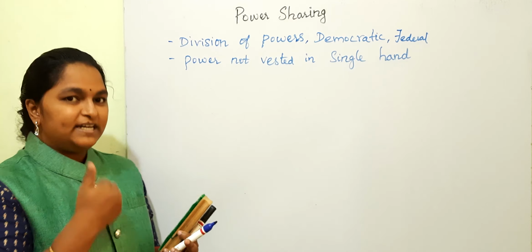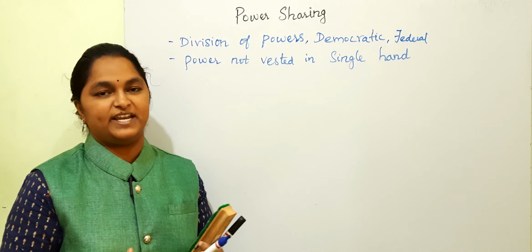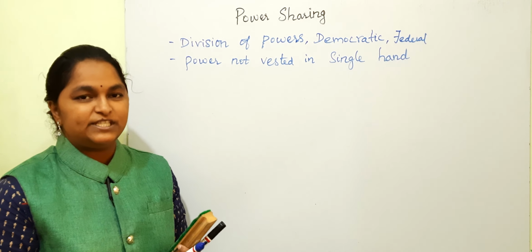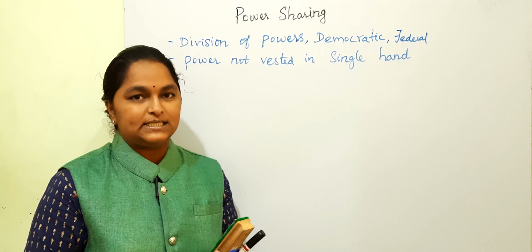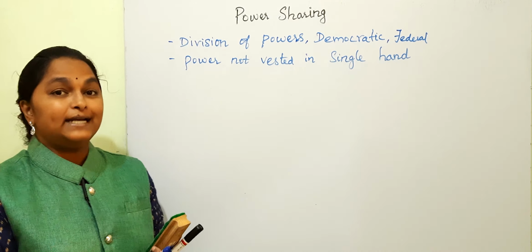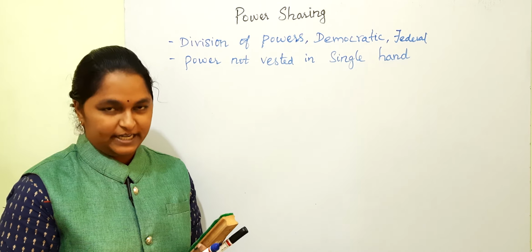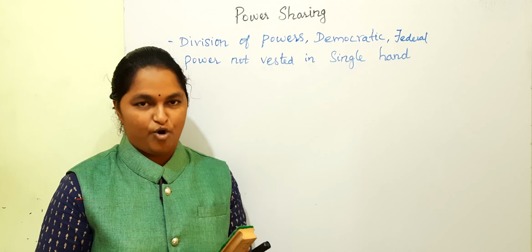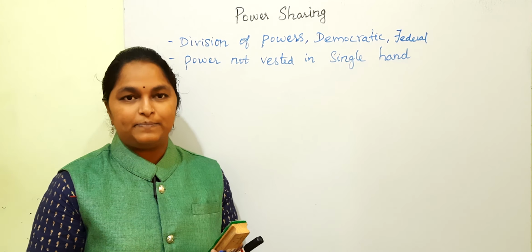But when the power is shared and divided among different divisions, then they can use it properly and give the best rule to the country. Our country is a democratic country. We know very well, in the preamble we studied a lot, it is for the people, by the people and of the people.